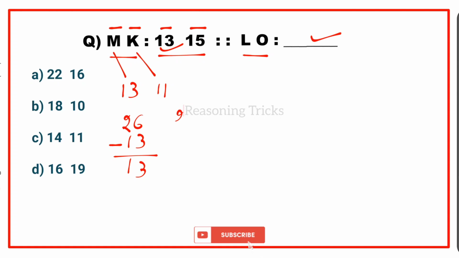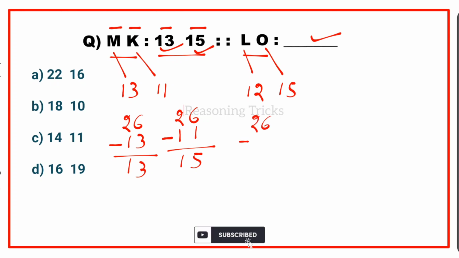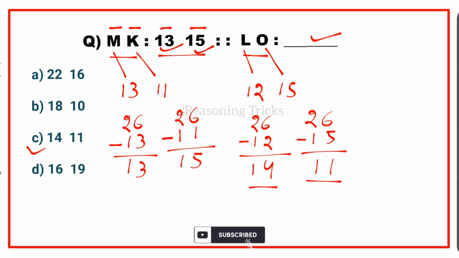Then 26 minus 11 equal to 15. Because there are total 26 alphabets, L number is 12 and O is 15. Then 26 minus 12 equal to 14 and 26 minus 15 equal to 11. So the answer is option number C, 1411.